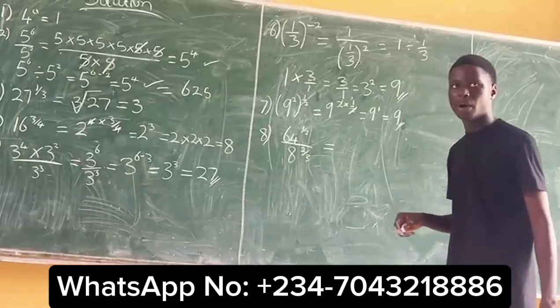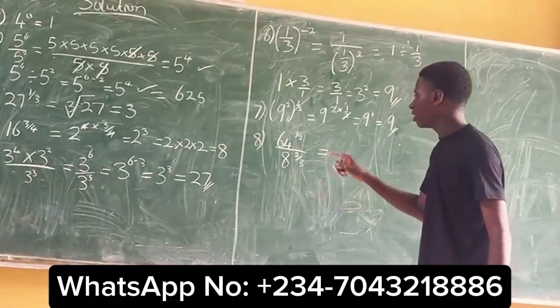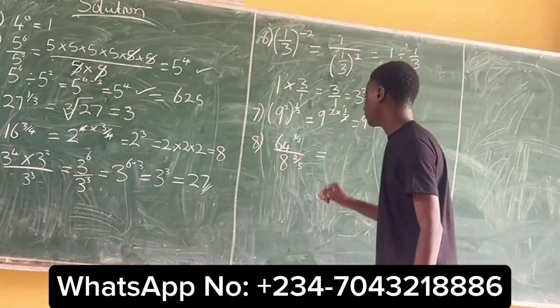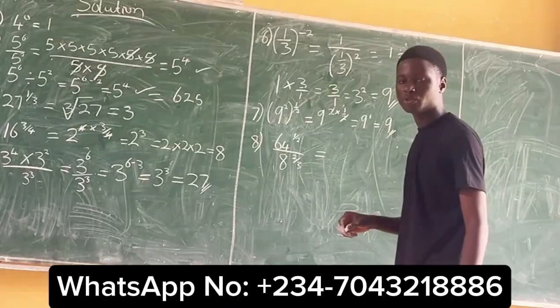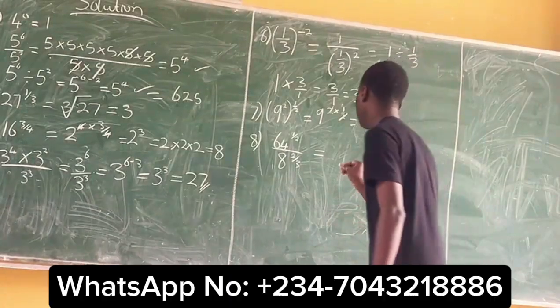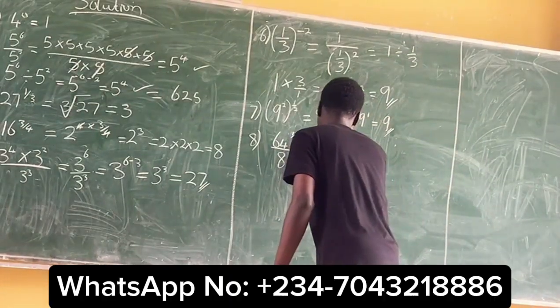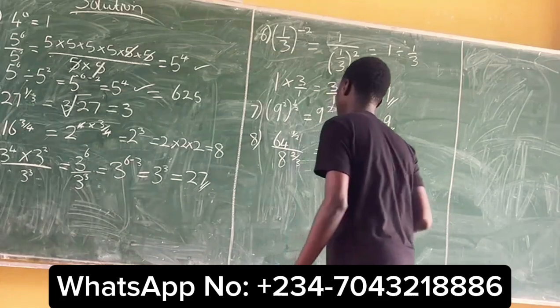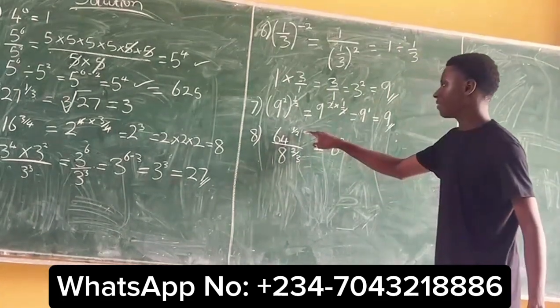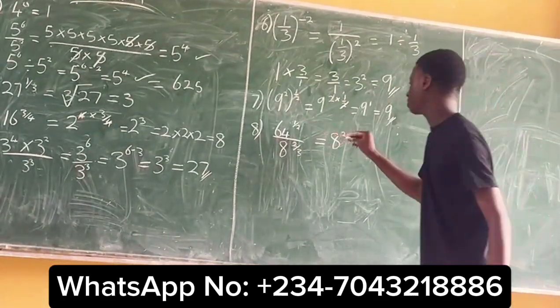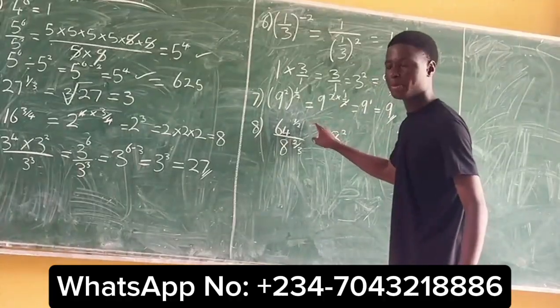64 as a power or as an index, I will have 8 to the power of 2, because 8 times 8 is 64. So this is 8 to the power of 2, multiply 1 over 2, because we are not using this power.